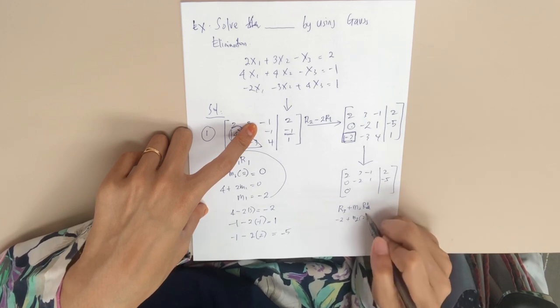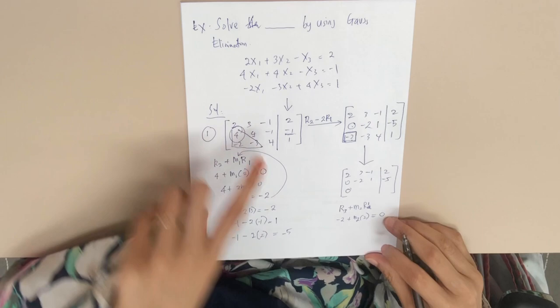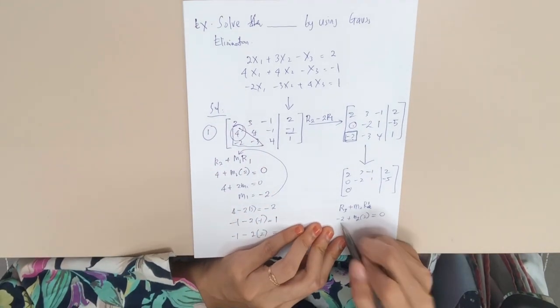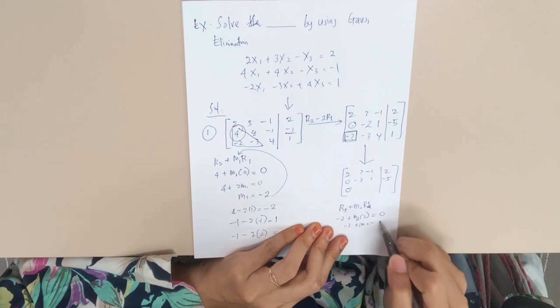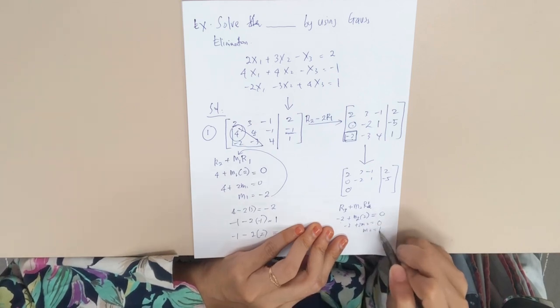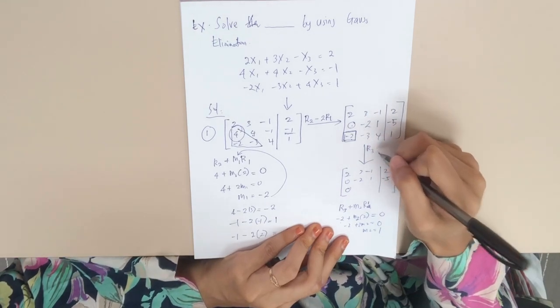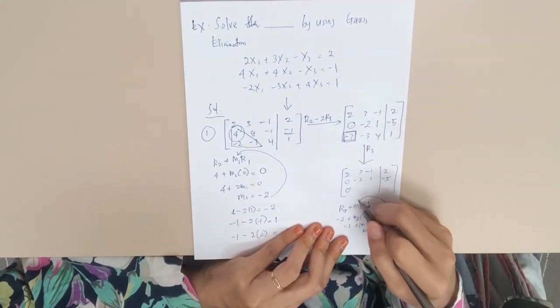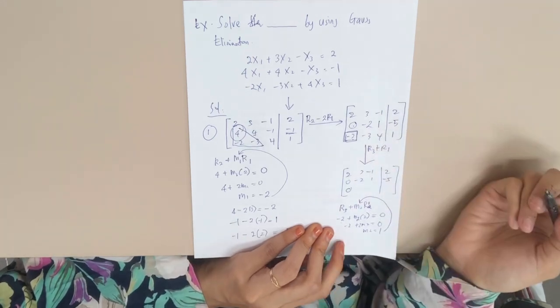Your R1 here is 2, and this equation should equal 0. So negative 2 plus 2M2. Therefore, what is your M2? Your M2 is 1. So the equation here is R3, M2 substituted back here, plus R1.